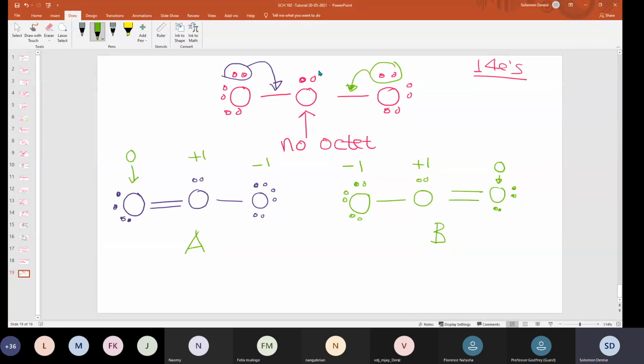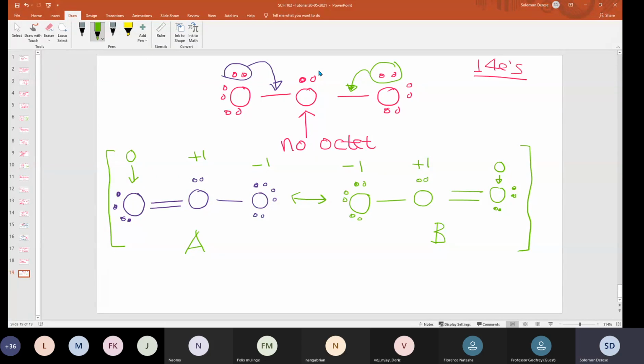So these two structures, A and B, are resonance structures. And neither A nor B is the structure of the molecule. Ozone is not A. Ozone does not look like B. It does not look like any of these.